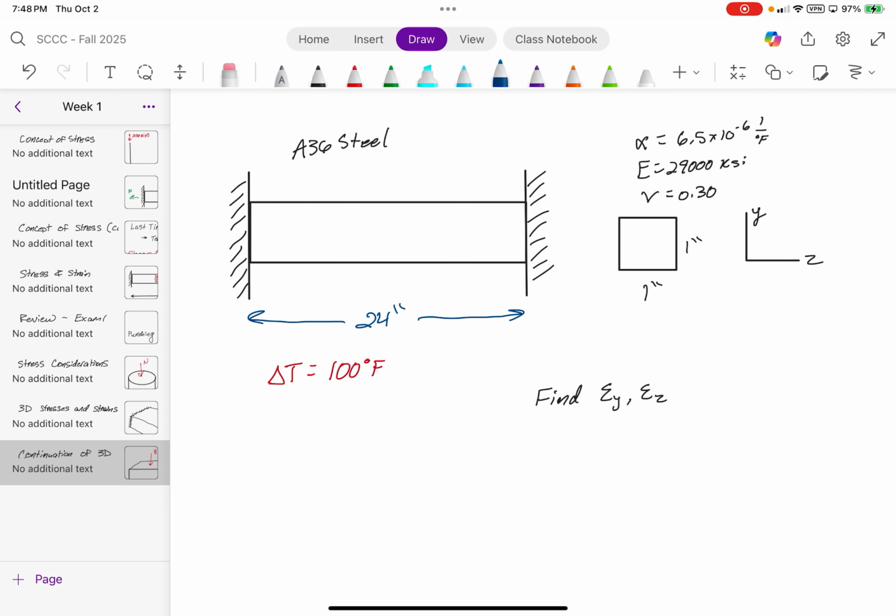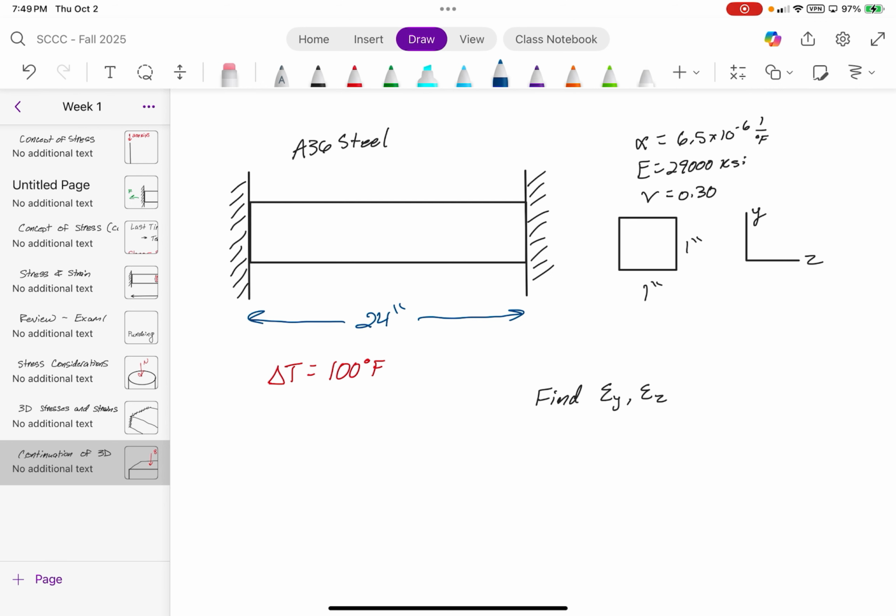If the change in position due to temperature when it's unrestrained equals some value, and then this wall produces some reaction which pushes it back, if you sum those two together, what do you think the total deformation is going to be? It's going to be 0, because they have to be equal and opposite, because the reaction is stationary.